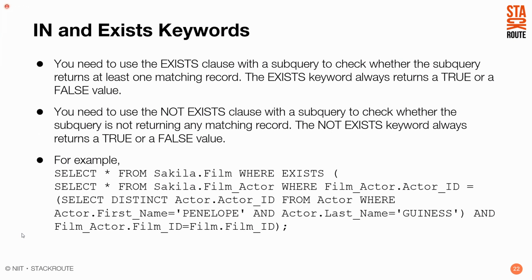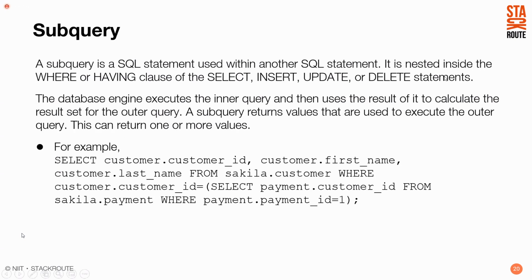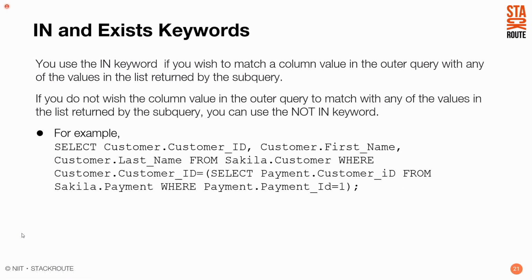You need to use the exist clause with a subquery to check whether the subquery returns at least one matching record. Always, exist will return true or false. You can use not exist also to check the subquery is not returning a match. So in is used if you wish to match the column value in the outer query with any of the values.